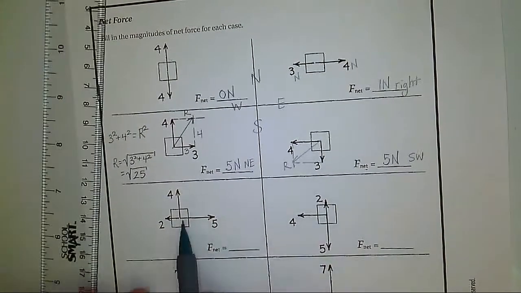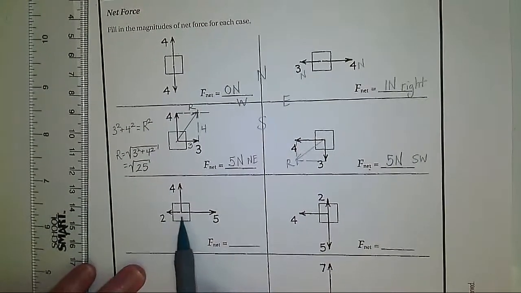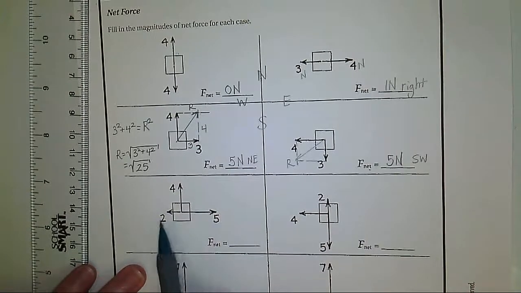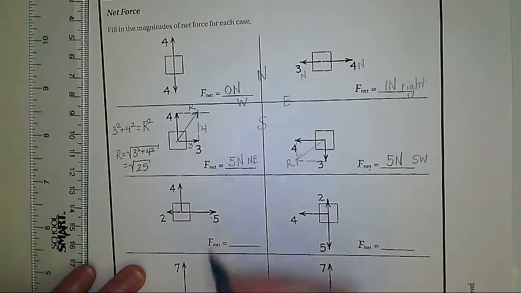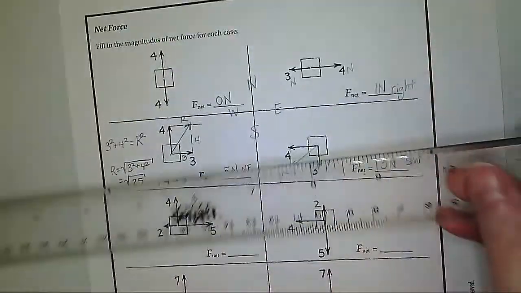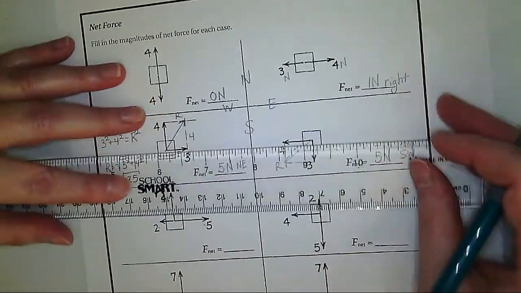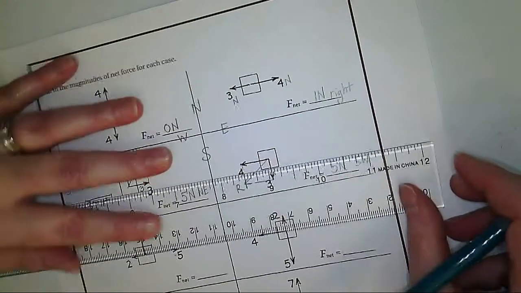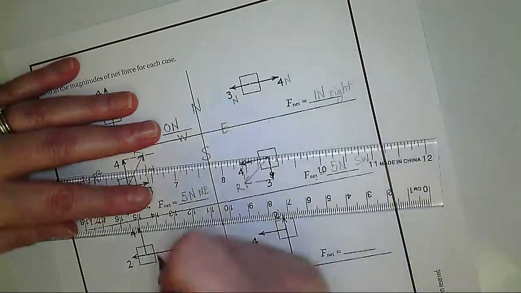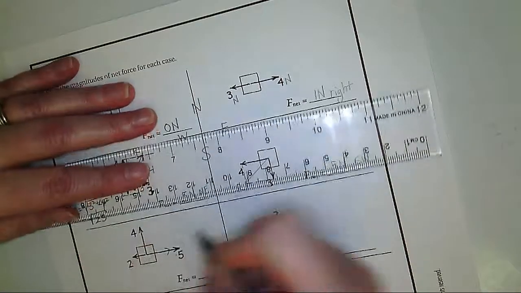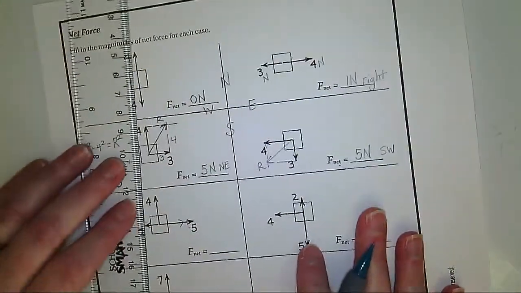Now this one, it looks like it would be really hard, right? But these two are in opposite directions. So that means that my resultant here is only going to be 3 newtons. So maybe about right here. Okay.